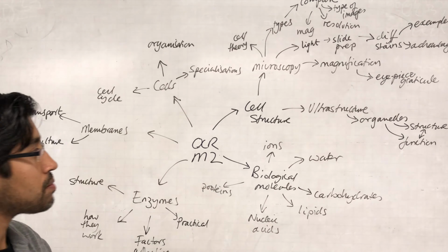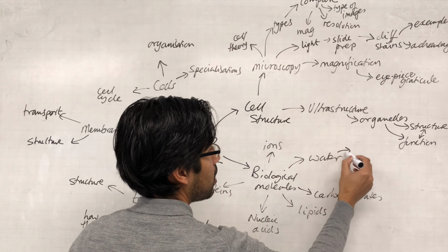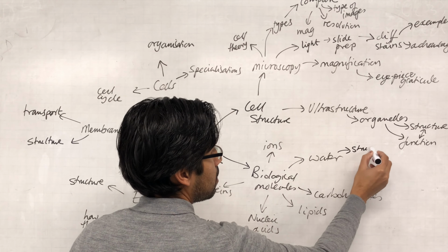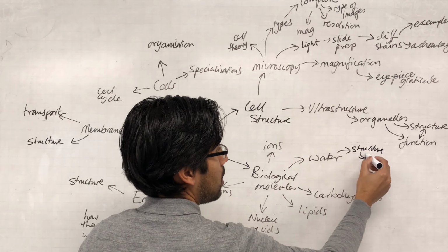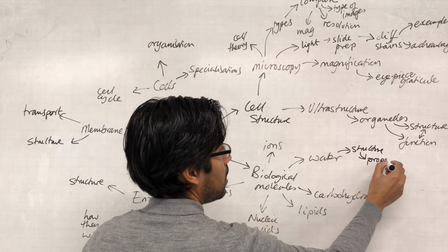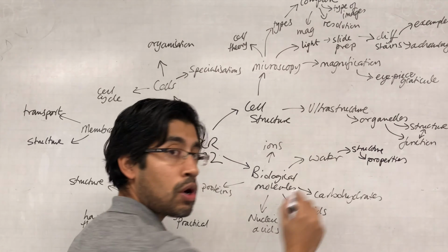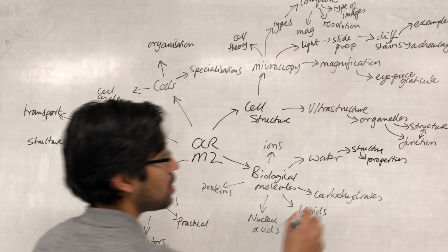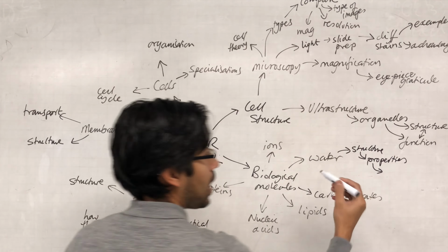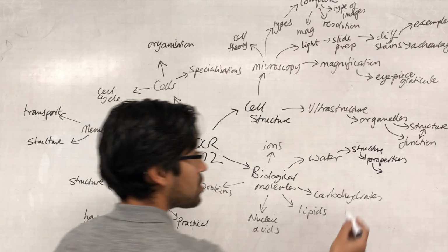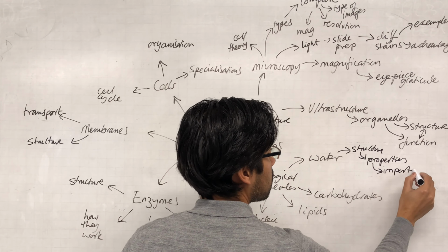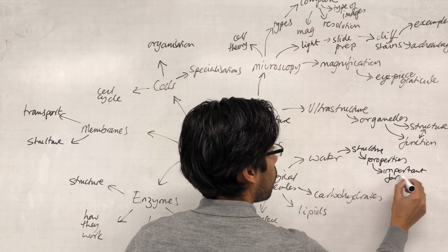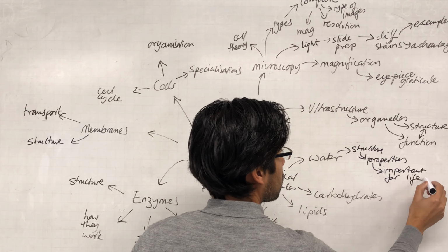Now with water, again, as with a lot of biology, what's its structure? How does the structure connect to the properties of water, and how are the properties of water connected to or important for life?